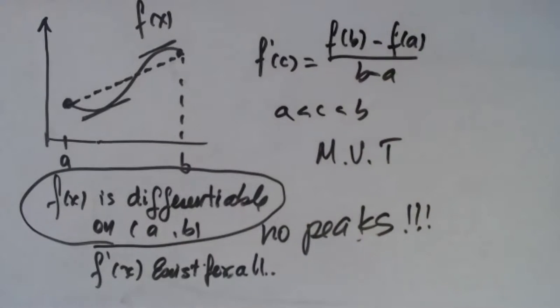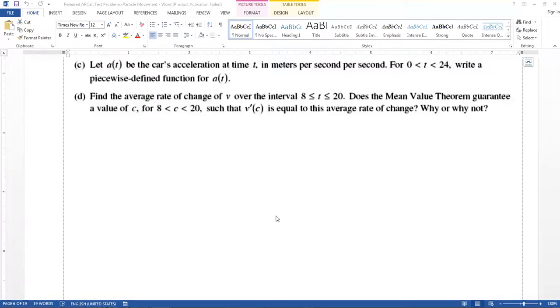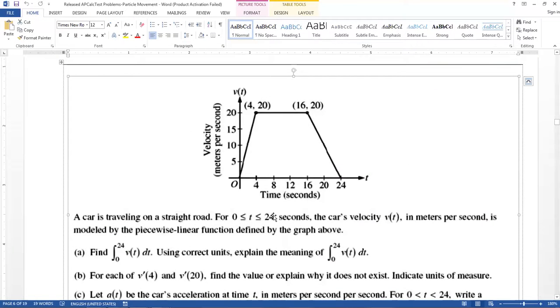Well, let's go to the problem, to the graph of the problem. I start between 8 and 20. So the problem says, find the average rate of change of v over the interval 8 to 20. Does the mean value theorem guarantee a value of c such that v prime of c is equal to this average rate? Why or why not? I'm going to do a drawing here, pretty much sketching the situation.